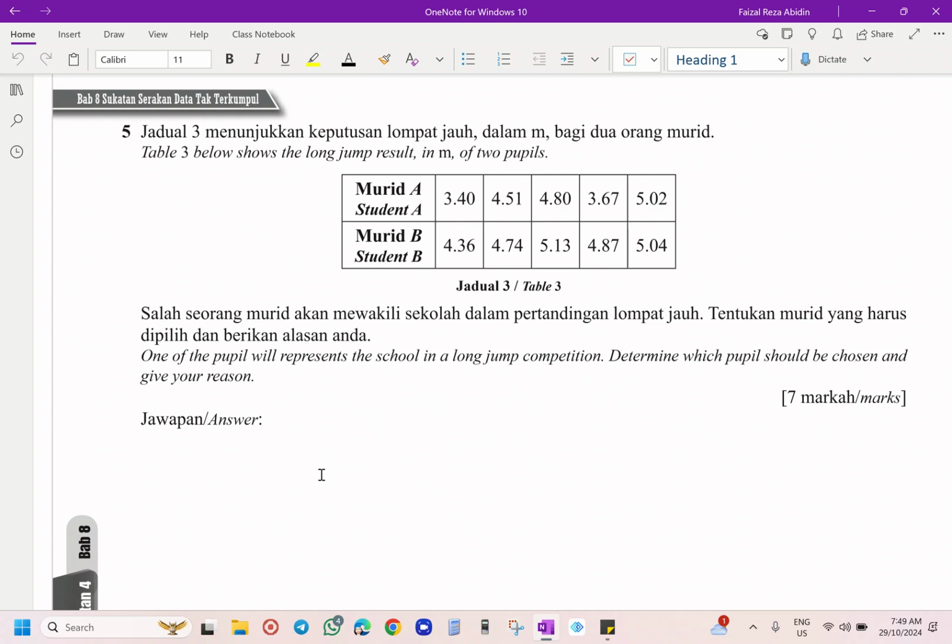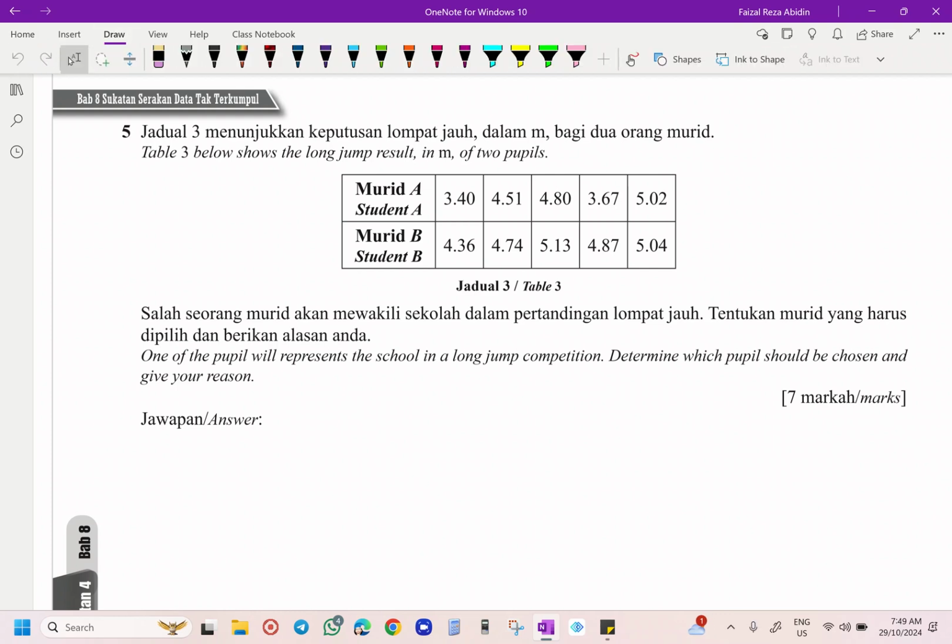First, I'm going to do student A. My standard deviation for A. If you look in the list of formulae for statistics and probability, which one am I going to use?